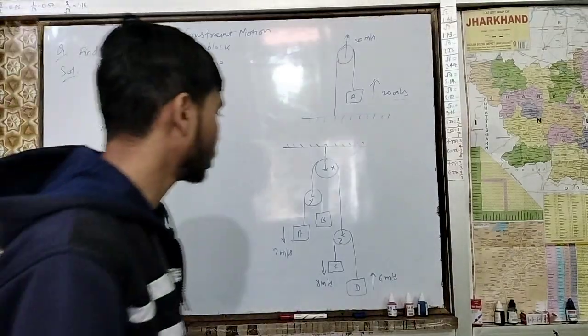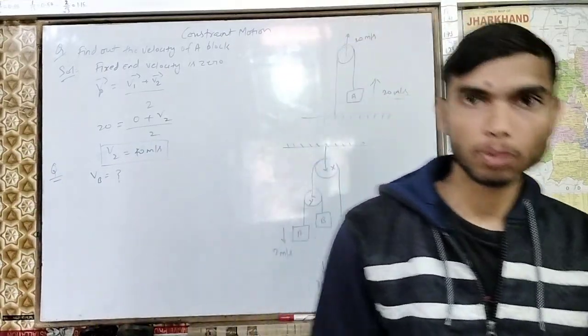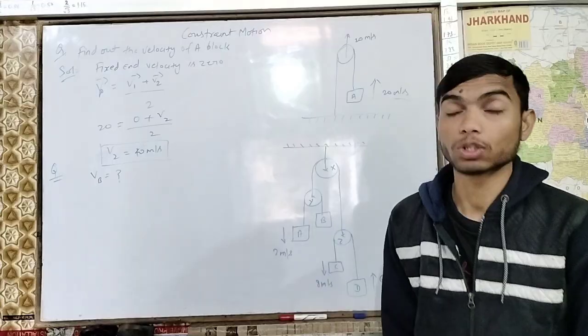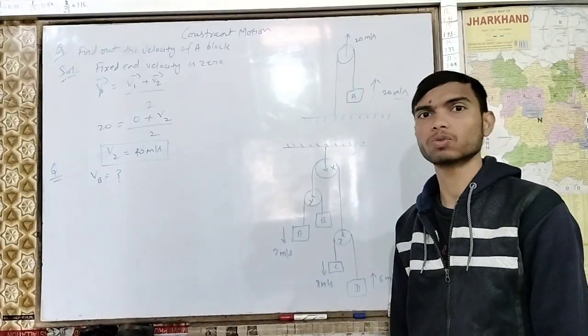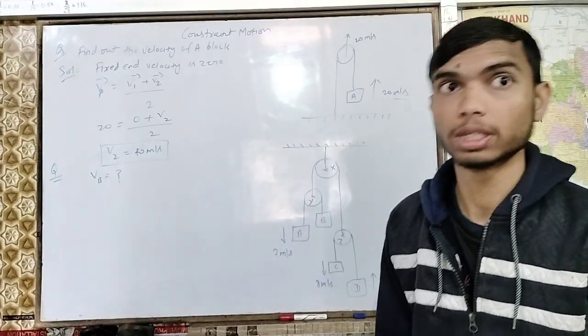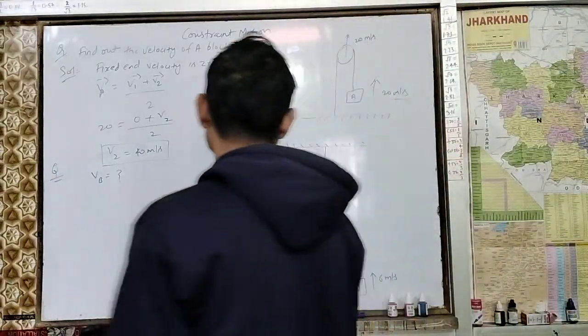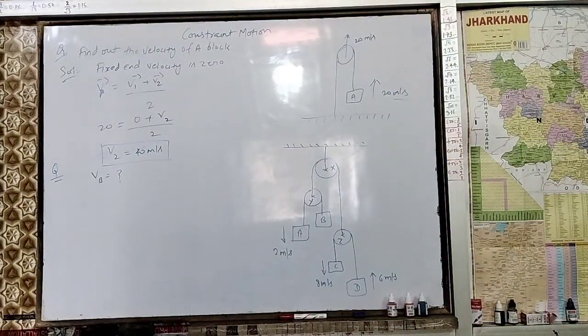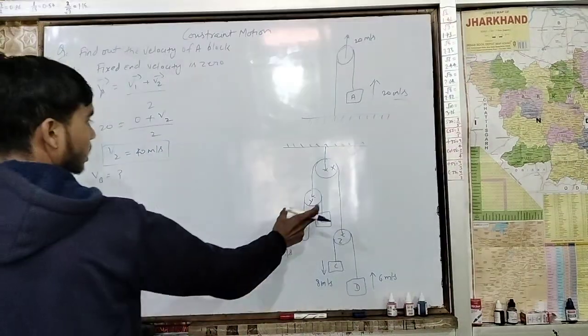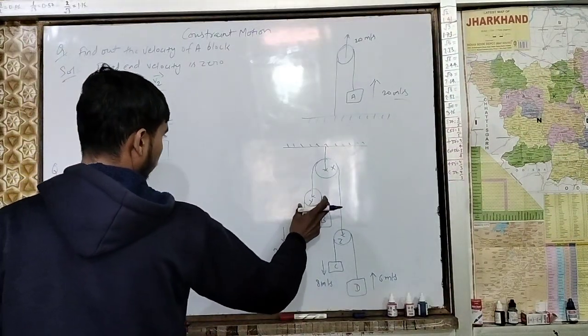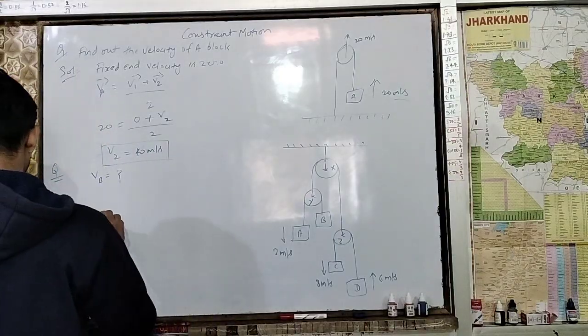Can we use this formula? VA plus VB plus VC plus VD upon 4. Just take this one pulley.